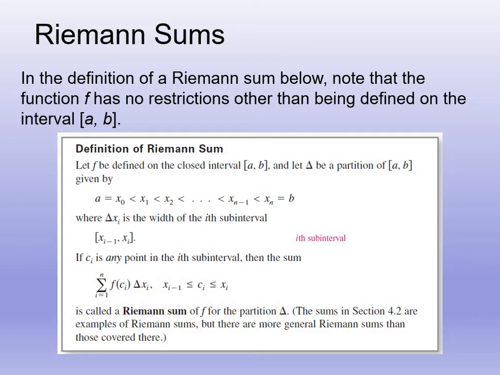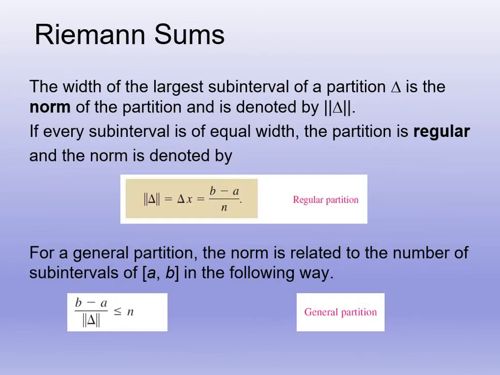We call this a Riemann sum of f because we're taking partitions of delta as we go through this. We did all this in 4-2 and things like that, when we talked about left hand and right hand sums. There are more forms of Riemann sums to come, but this should be the one that we're going to use in this section.